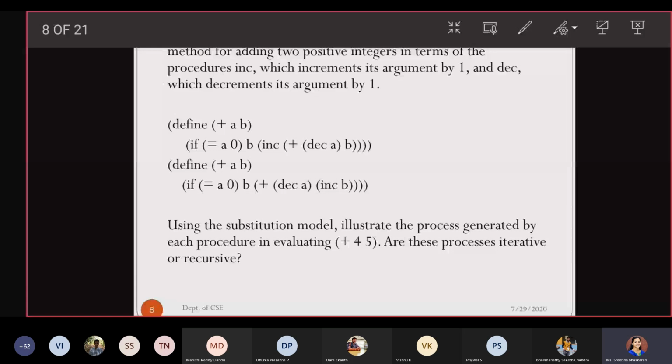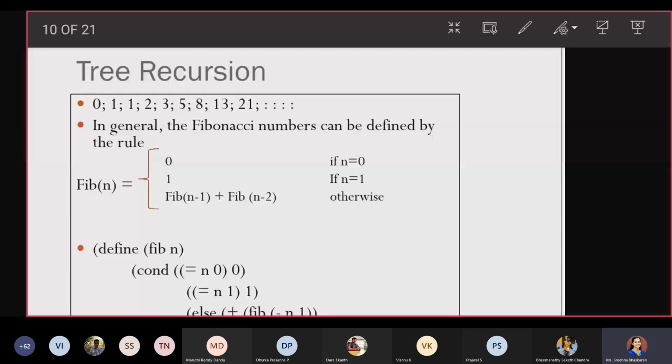Fibonacci series, all of us know: 0, 1, and then the next numbers are 0 plus 1 is 1, 1 plus 1 is 2, 1 plus 2 is 3. It goes on like that. If you have to generate this Fibonacci number, how will the procedure be written?